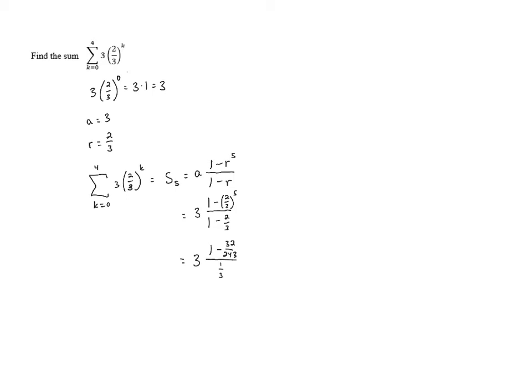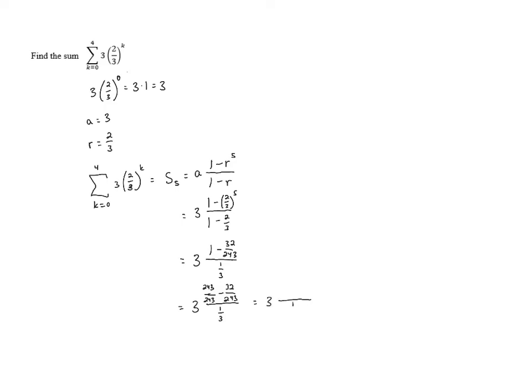So there we go. Now we need to do the arithmetic in the numerator up here. We can rewrite those with a common denominator. 1 is 243/243, then minus 32/243, all over 1/3.